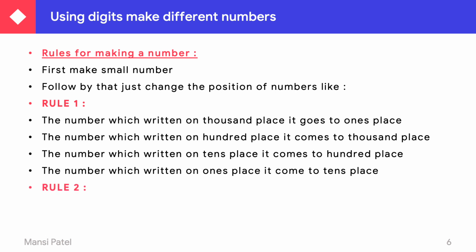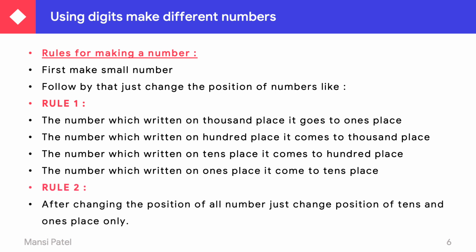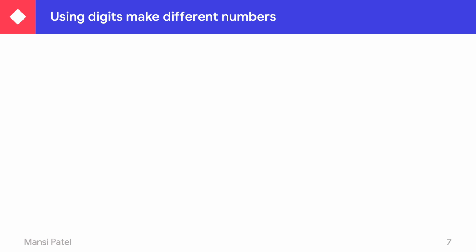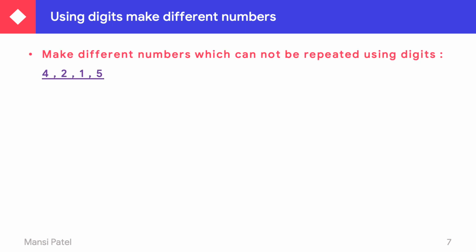Rule number 2 is that after changing the position of all the numbers, just change the position of tens place and ones place only. Let us see with one example. Here, make the different numbers which cannot be repeated using the digit, and your digit is 4215.